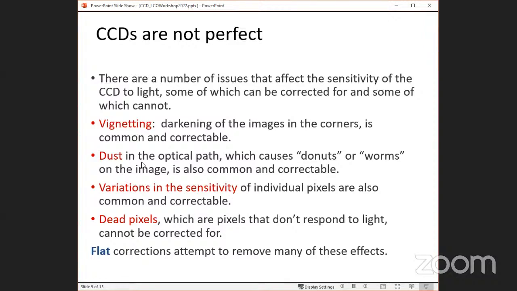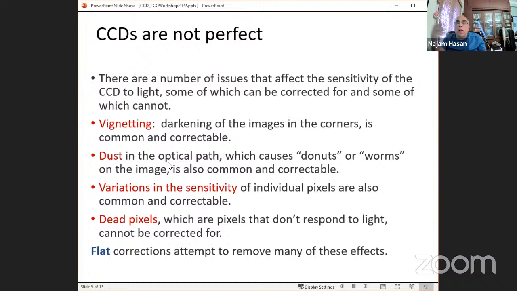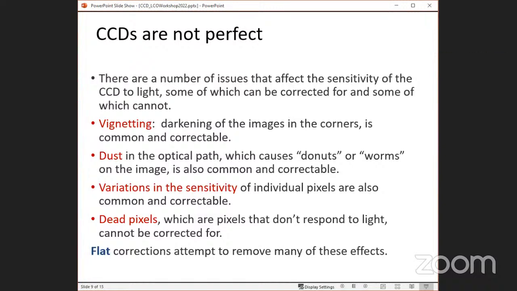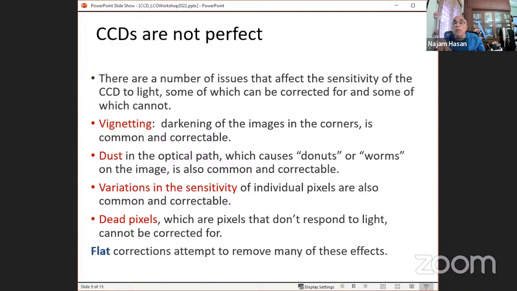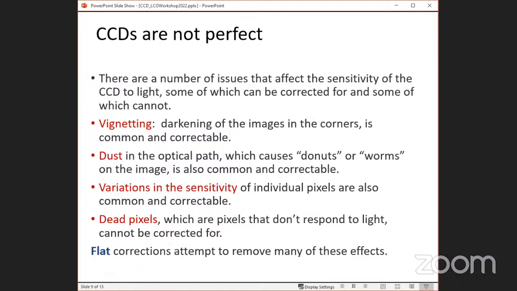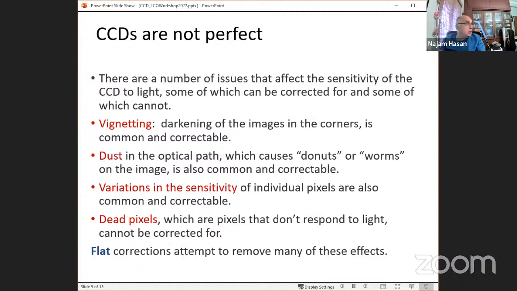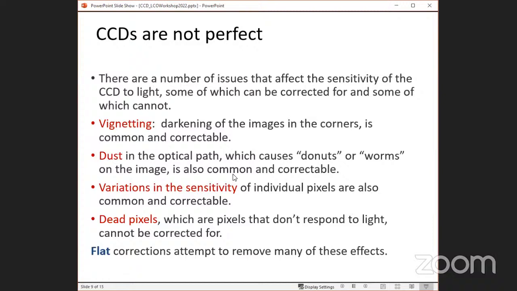Then, if there is dust in the optical path, in the lens or on the mirrors, it can create these donut and worm type blobs.